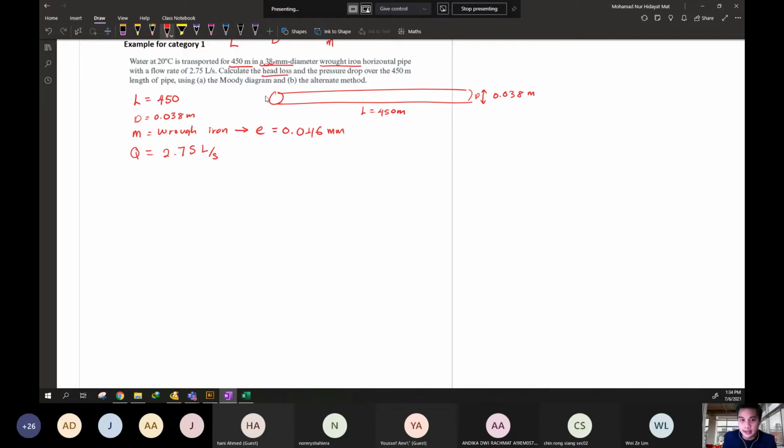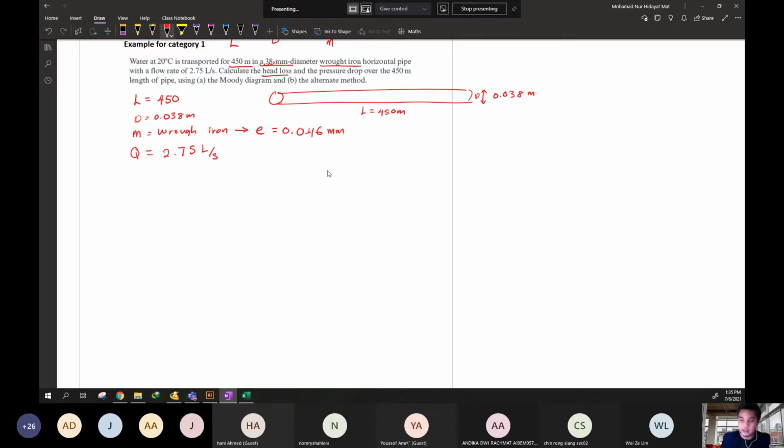First question, calculate the head loss. So this is under category number 1. The question asks for the pressure drop, the delta P. The delta P over the 450, so you need to divide by this number. There are two methods: using the Moody diagram and the alternate method, using the equation, which is simple.